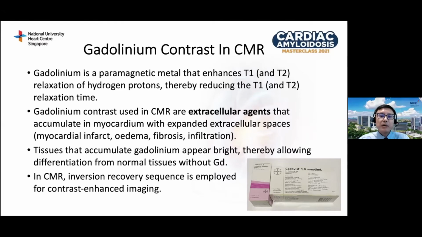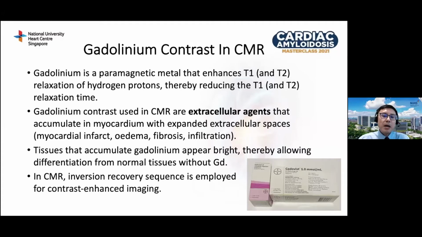So when you have cardiac amyloidosis, there is expansion of the extracellular space and volume, and the gadolinium will then enter into the myocardium and accumulate in these extracellular spaces. Tissues that accumulate gadolinium will appear bright, thereby allowing us to differentiate these abnormal areas in the myocardium from the normal myocardium that does not accumulate gadolinium, all right?